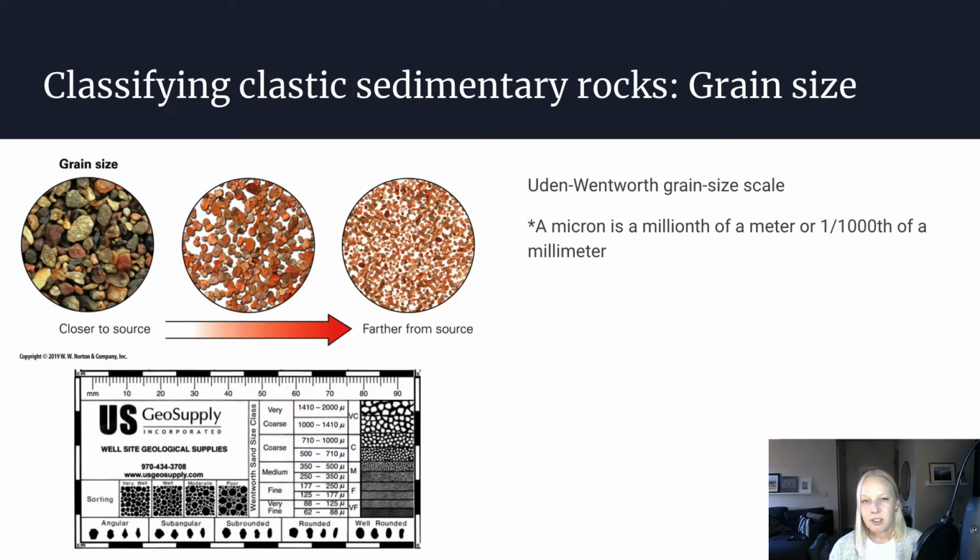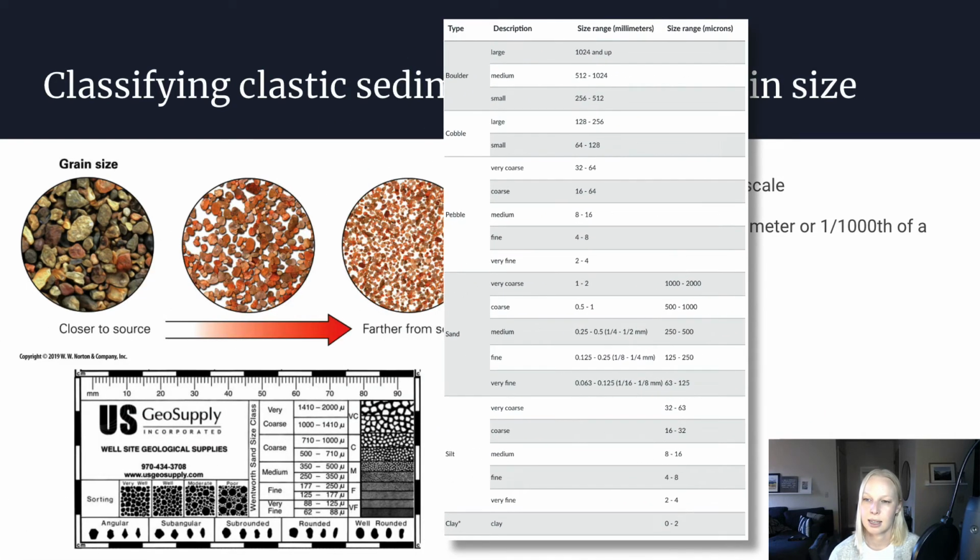So when we're classifying clastic sedimentary rocks, there are a few things that you want to consider. One characteristic of the rocks that's really key to classifying them is the grain size, so how large those clasts actually are. And there is a very frequently used grain size scale called the Udden-Wentworth grain size scale.